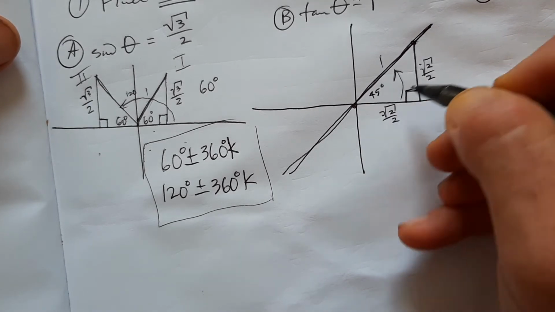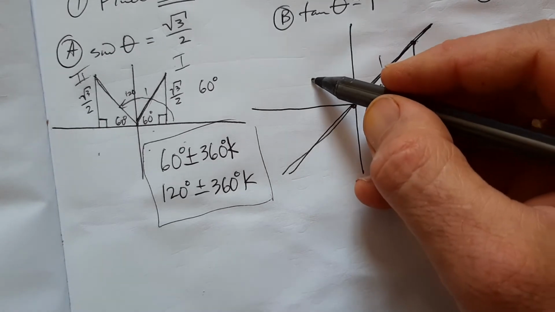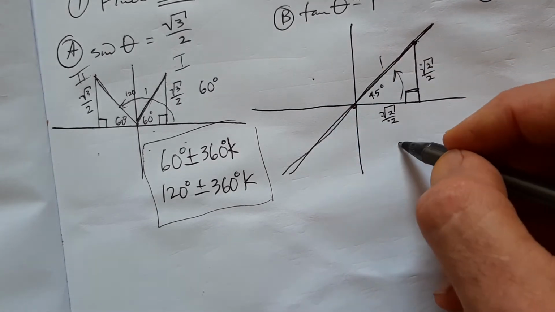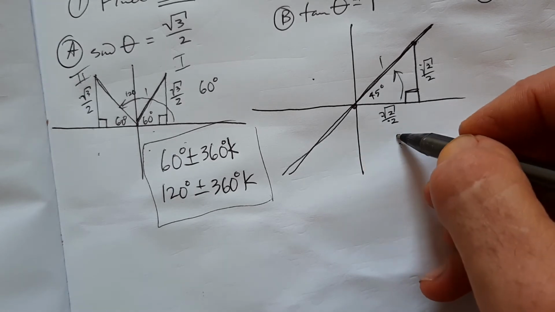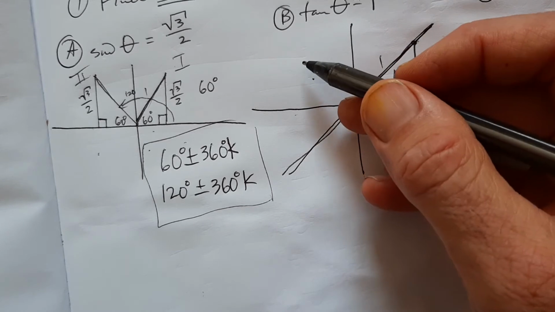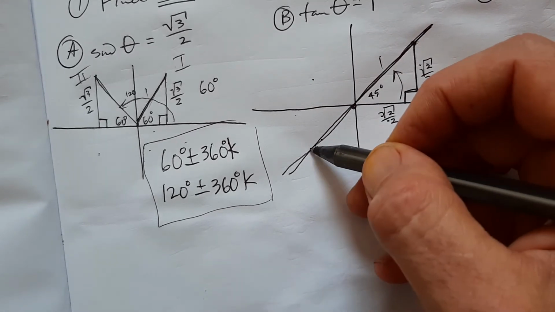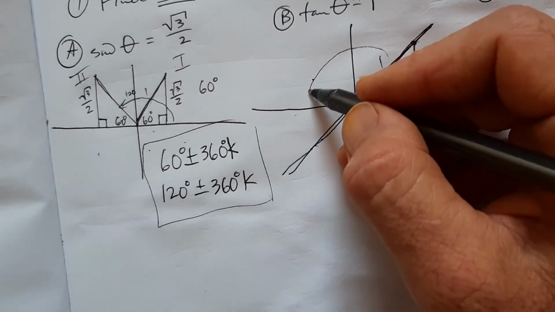Rise over run, y over x. And then over here it'd be negative, because the y value is negative and the x is positive. But here, I got negative and negative. So to get there, I add another 180.